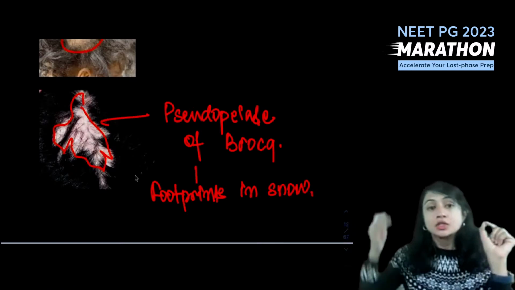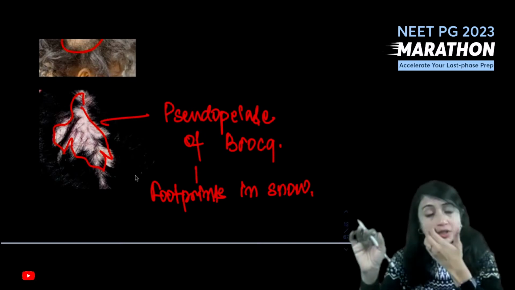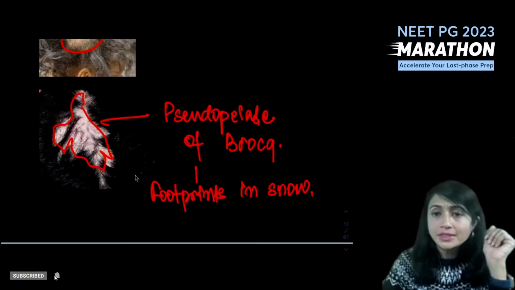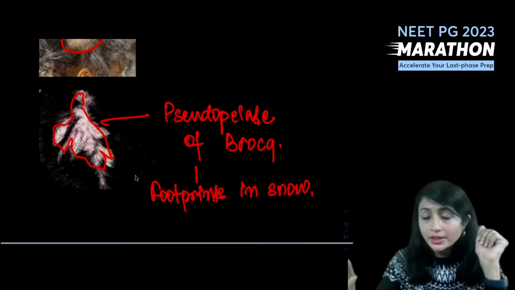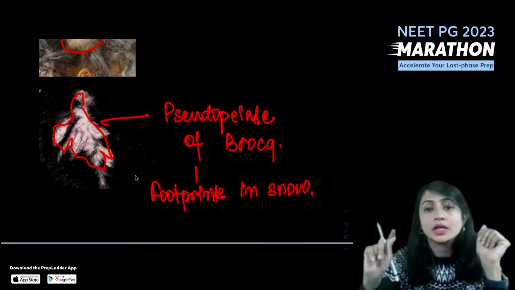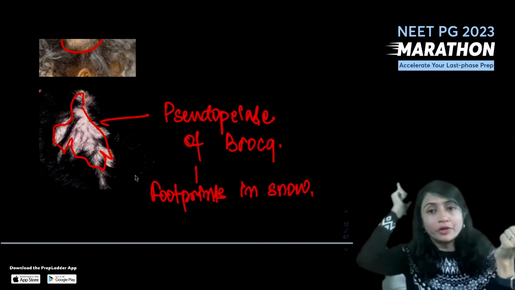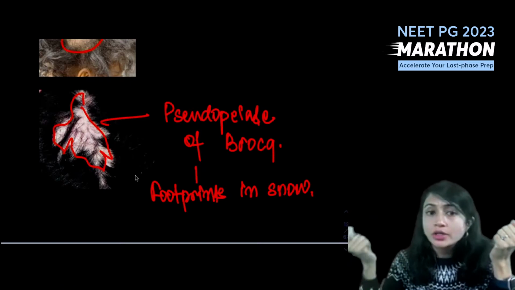But what is this? So when you have a young girl, a psychiatric patient, a patient who has some psychological abnormalities, they can have a disorder called as trichotillomania, which is a psychiatric disorder in which, because of anxiety, because of stress, patient without realizing starts to pull out his or her hair.